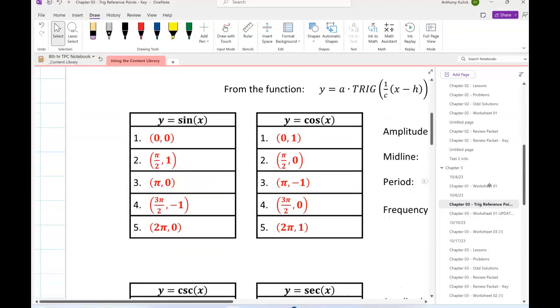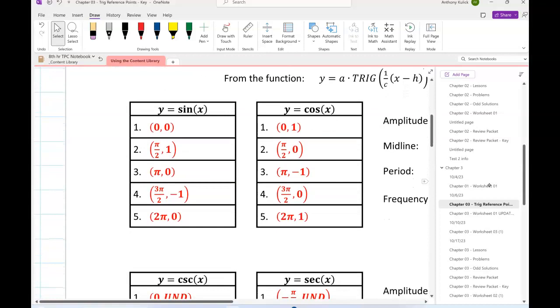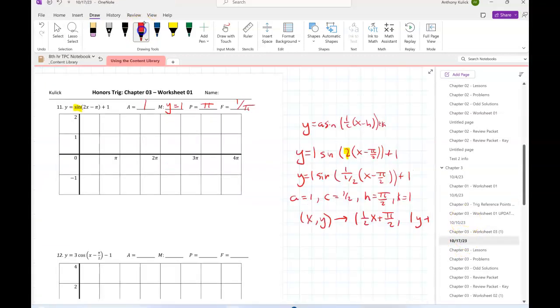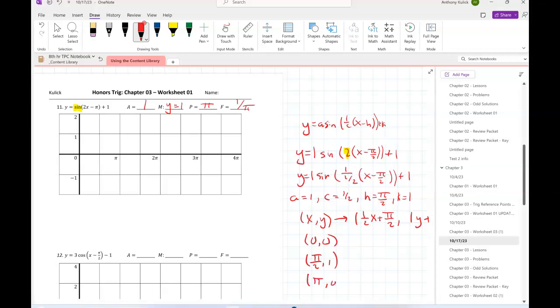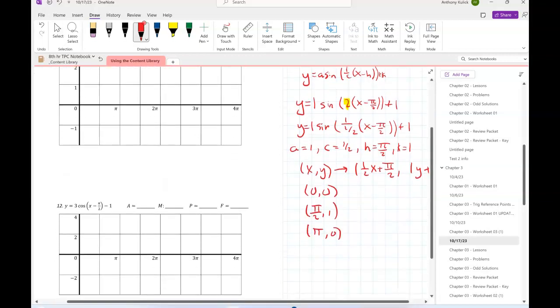So 0, 0, pi over 2, 1, pi, 0, 3 pi over 2, negative 1, and 2 pi, 0. So that's what I'm going to copy down. Those are the points from my parent function that I'm going to be transforming.